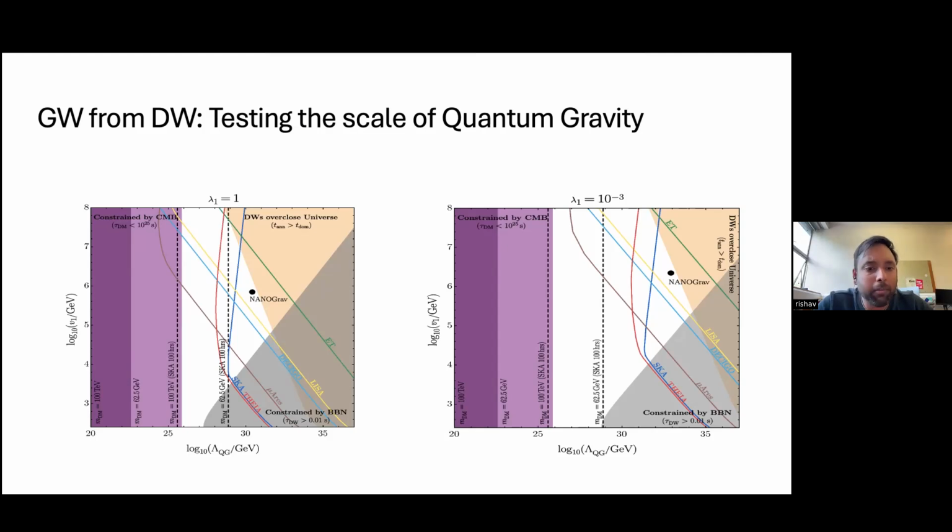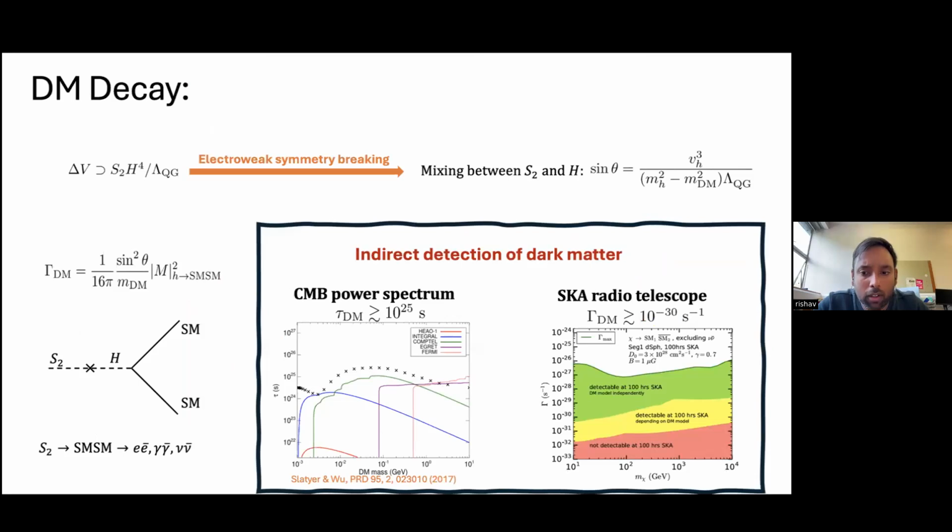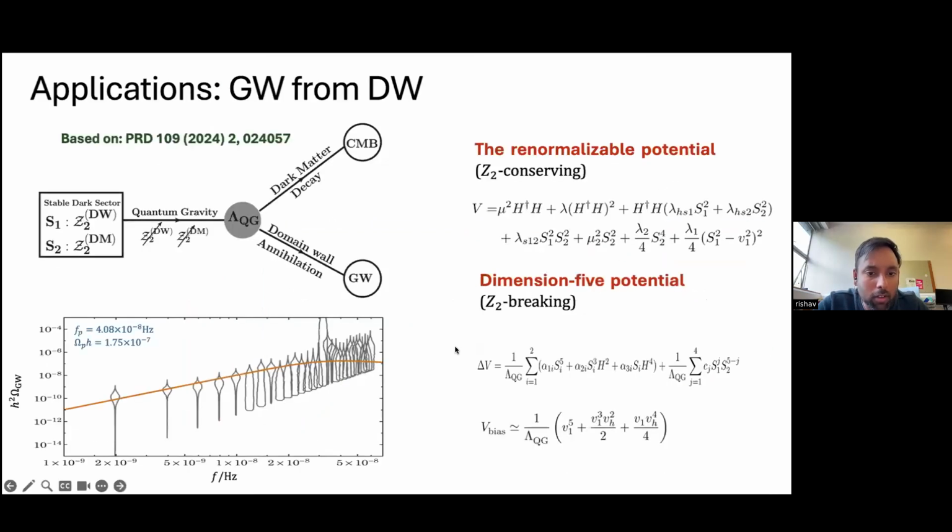Actually, we took the best fit values. What do you mean by best fit? If you look at this plot, this is basically the spectrum, and these are the values which were given in the NANOGrav result.